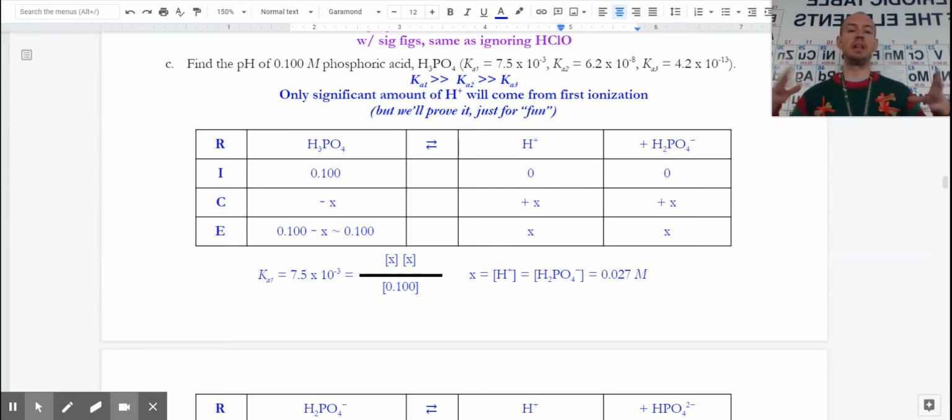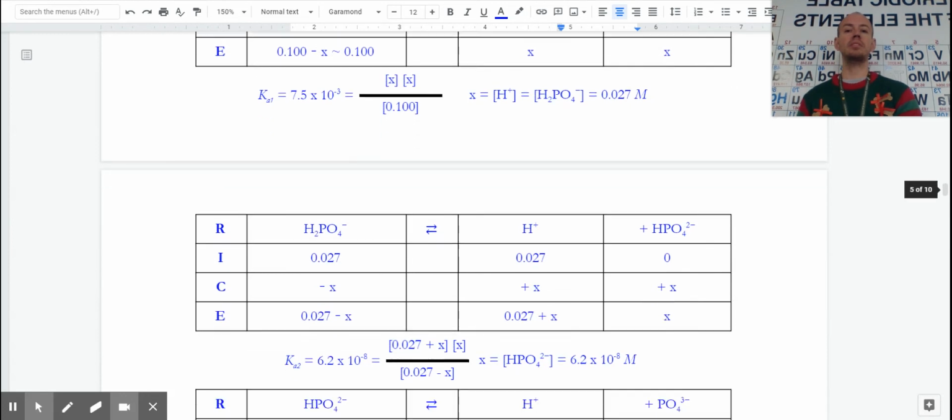So conceptually, the most common species is for sure the unionized acid, and the hydrogen ion and the first conjugate base are much lower, but they're still there.